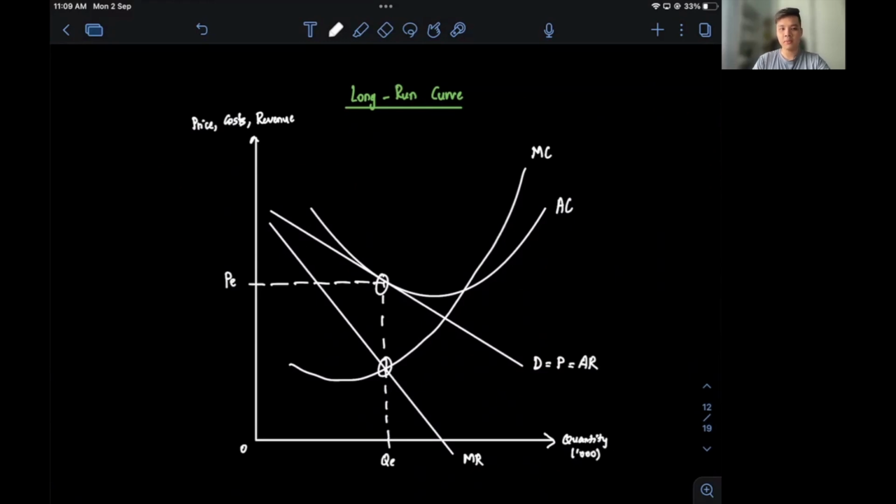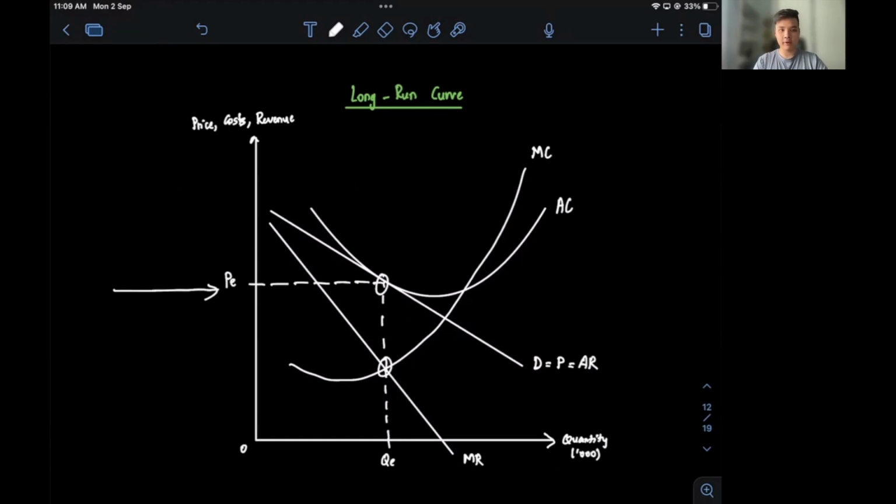So in the long run, firms' profits and losses are eliminated, and revenues are just enough to cover the costs. So all the firms achieve normal profit. And we can see that the price will be equal to the average cost, just like we see in this diagram on this slide. So this explanation shows the similarity between monopolistic competition and perfect competition firms.